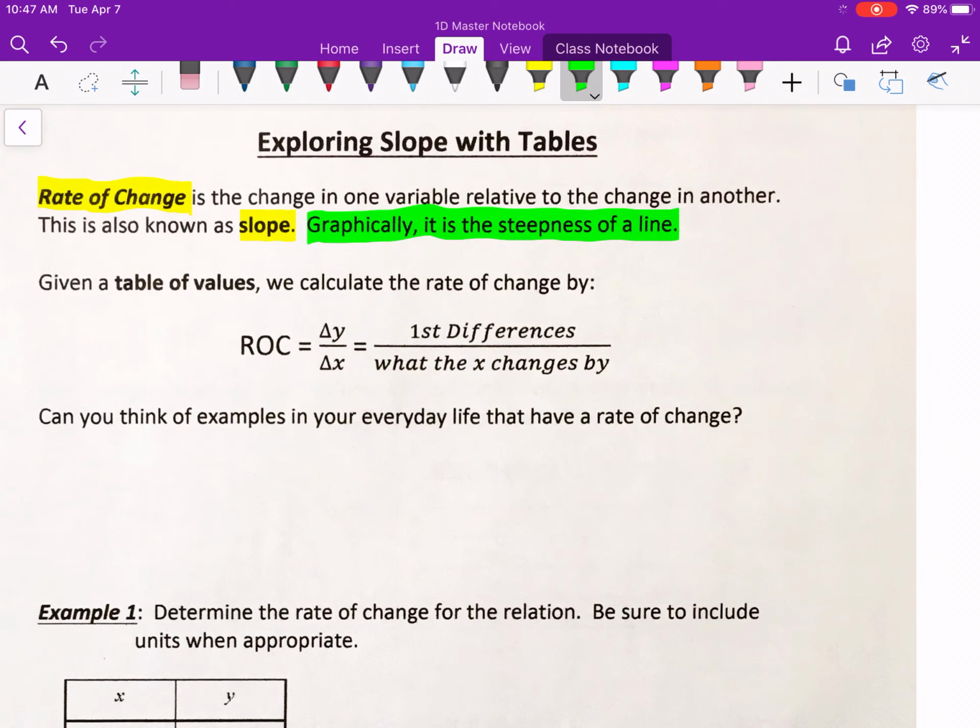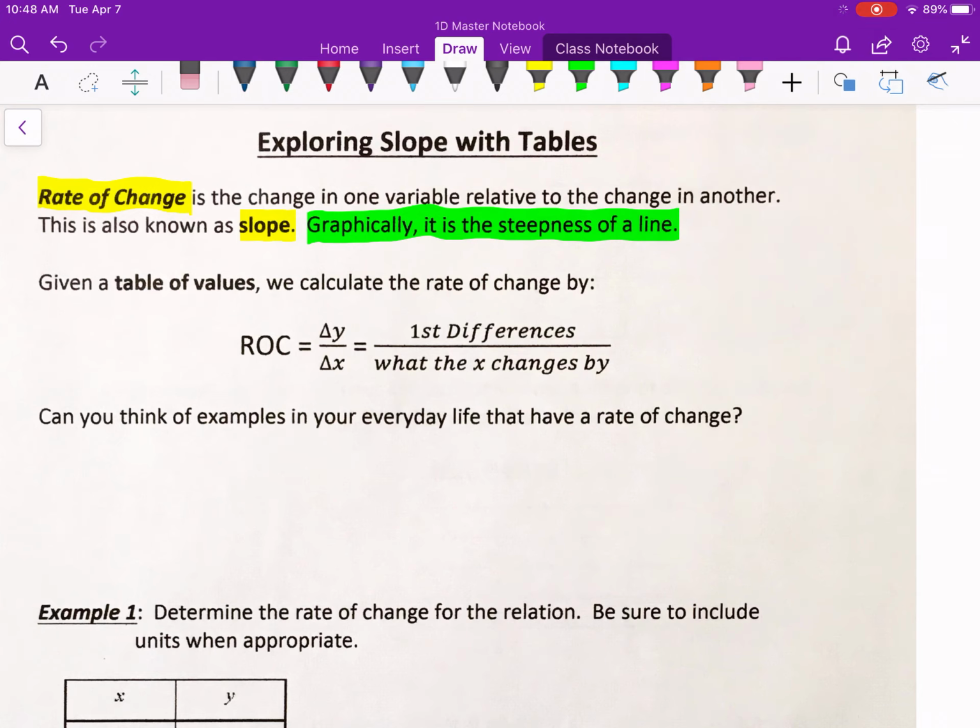When you're looking at a roof or a ski slope, when we talk about the slope, we're talking about how steep it is, right? We can have a really steep roof. We can have a really steep ski slope on a mountain. And the steeper it is, the greater the rate of change as far as how things are going up or down. And so again, graphically, that just means the exact same thing, except in particular as a graph.